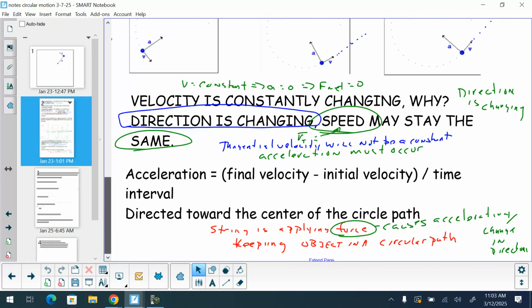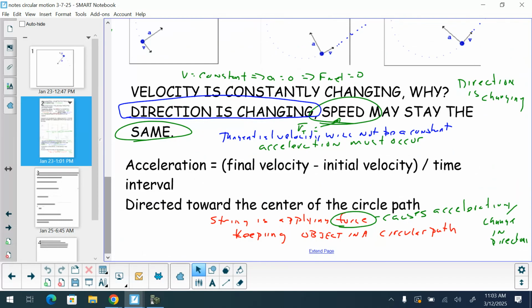Well, if we have an acceleration, that means you have to have a net force. Okay, you have to have a net force. And if we look at the string here, the force that's being applied to this object is the string.